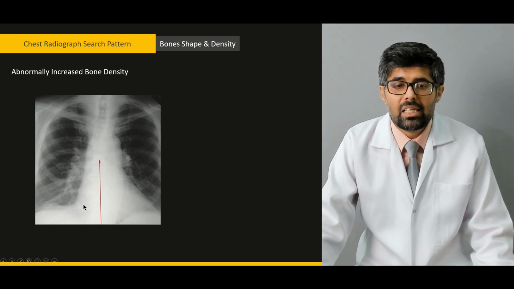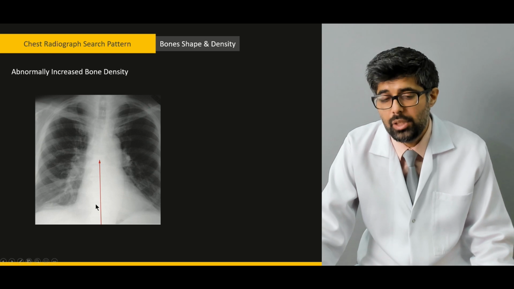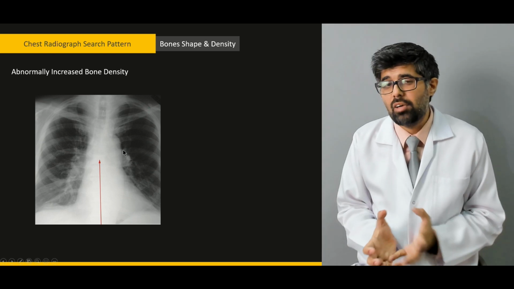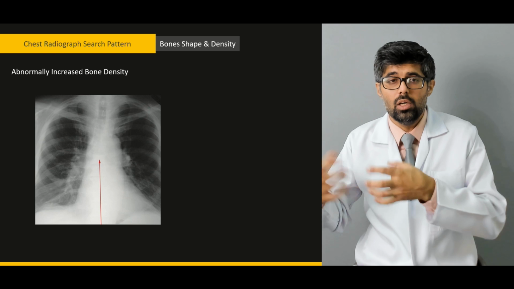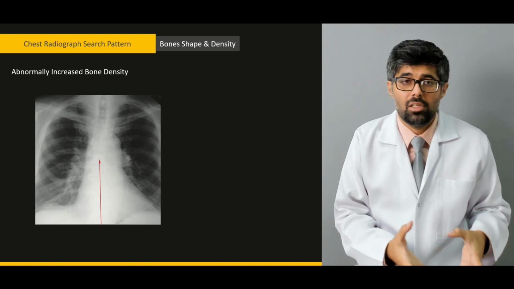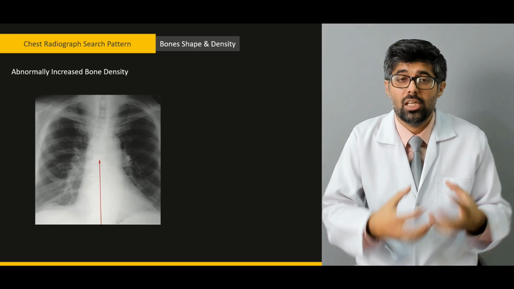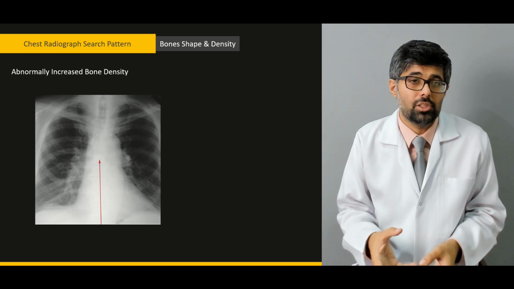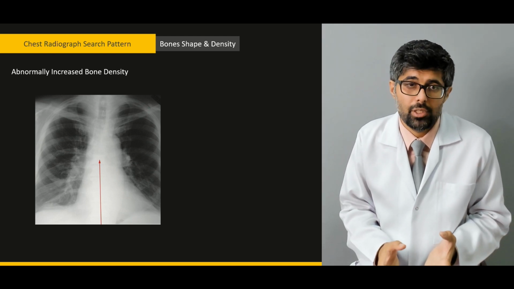So if there's abnormally increased bone density, it usually signifies that there's some kind of tumor that has metastasized there, and that metastasis has caused increased bone density. So it must be evaluated.